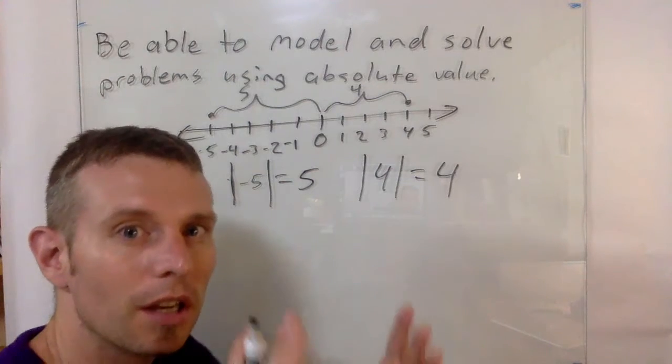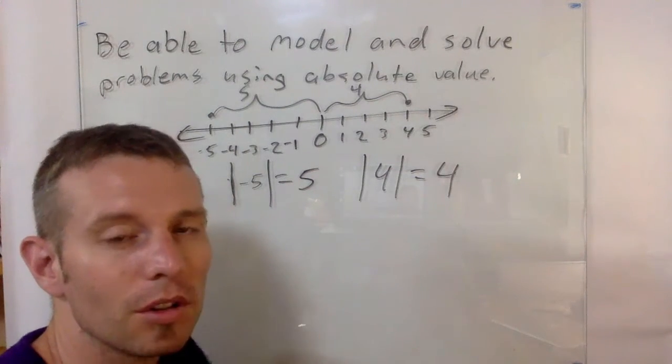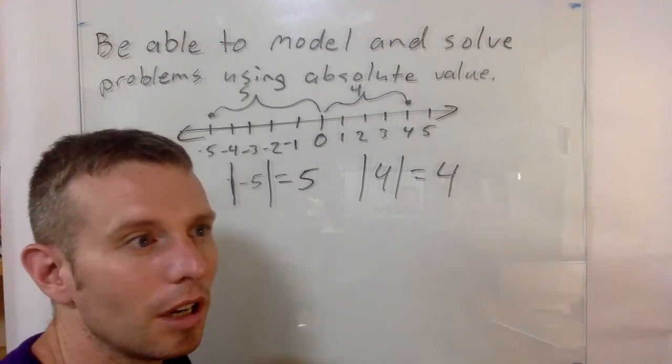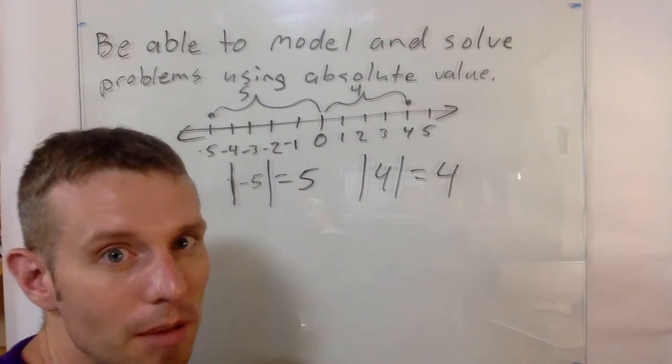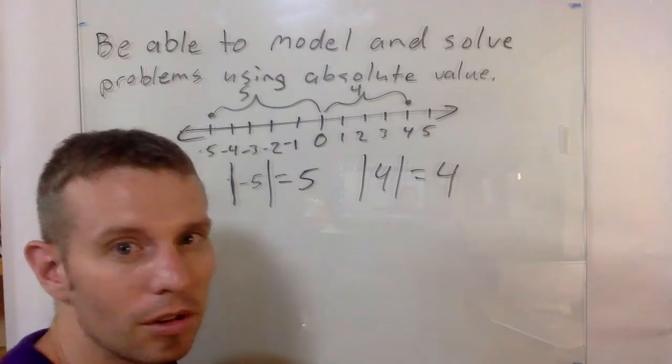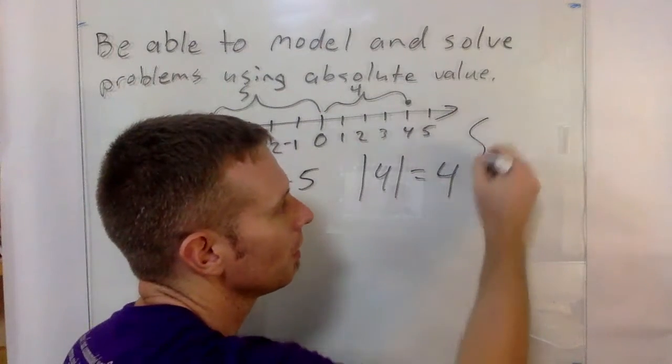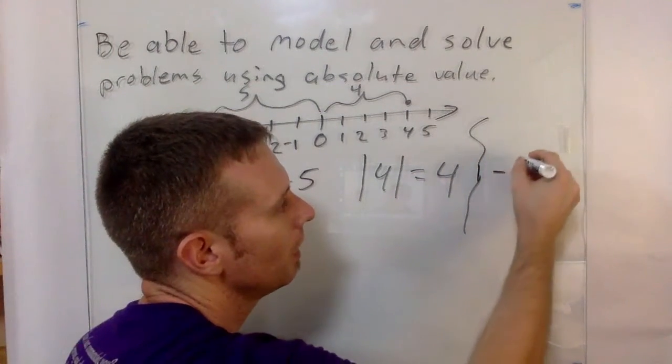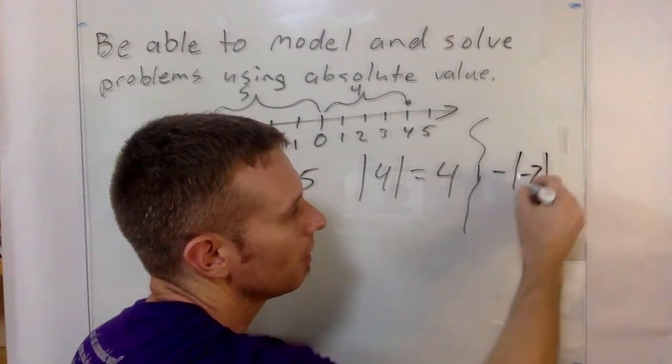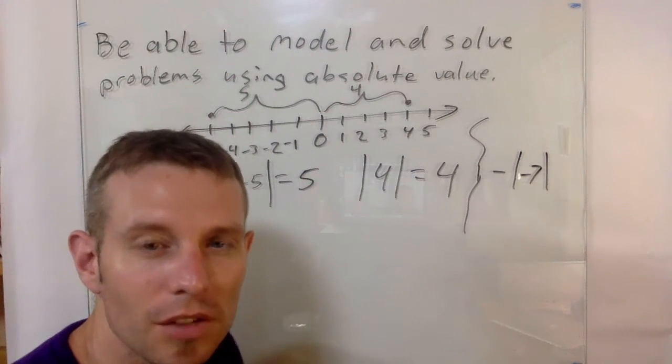You want to make sure that when you're taking the positive number, you're taking the positive value inside the absolute value sign, because sometimes somebody will have a question and it will look something like this: negative absolute value of -7.